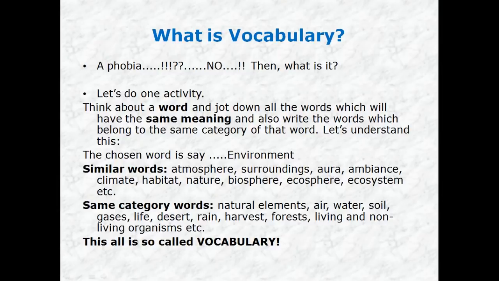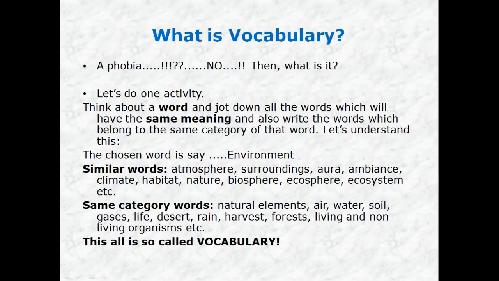Let's take one example, and I have chosen the word environment. So the similar words will be atmosphere, surroundings, aura, ambience, climate, habitat, nature, biosphere, ecosphere, and ecosystem. And there are many more words which are similar to the word environment.